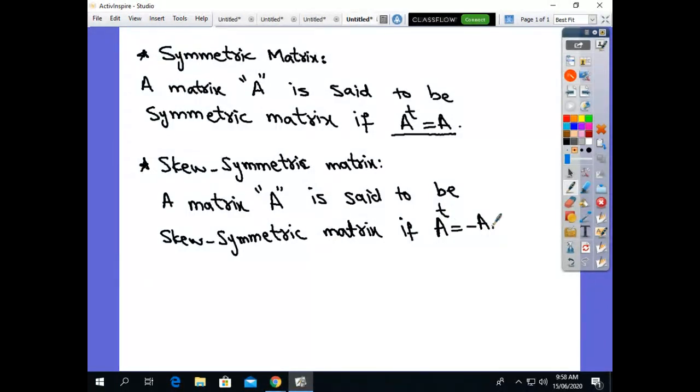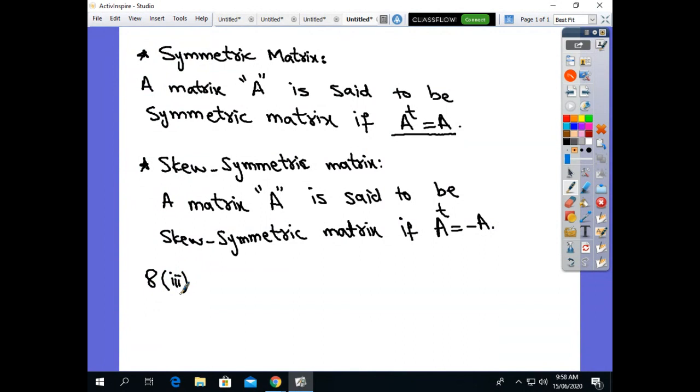A matrix A is said to be skew symmetric matrix if transpose of a matrix A is equal to negative of a matrix. Now we come across question number 8, part number 3.